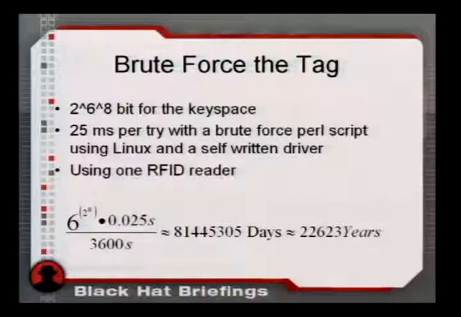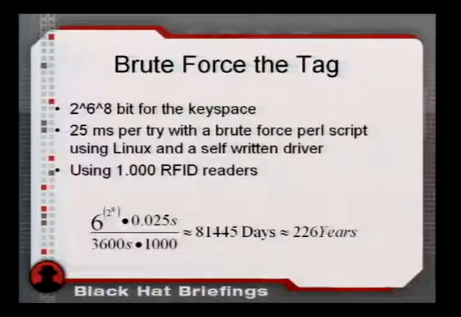With this key space, it takes more than 22,000 years. In fact, you need to initialize the tag, and with a brute force Perl script you need 25 milliseconds per round to run a brute force attack against these keys if you're using one RFID reader. If these keys are shared secrets, you can use more than one reader. You can use, for instance, 1,000 readers.